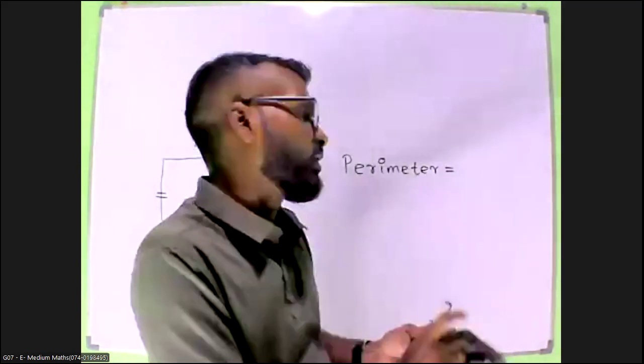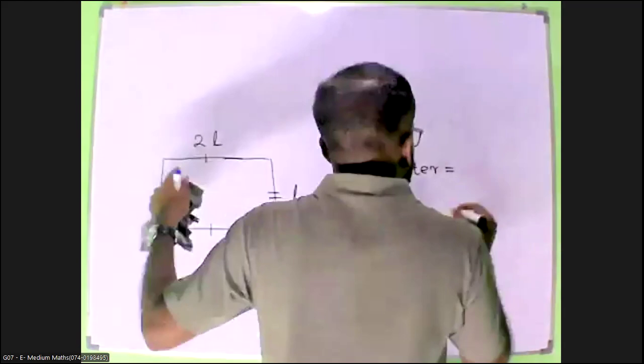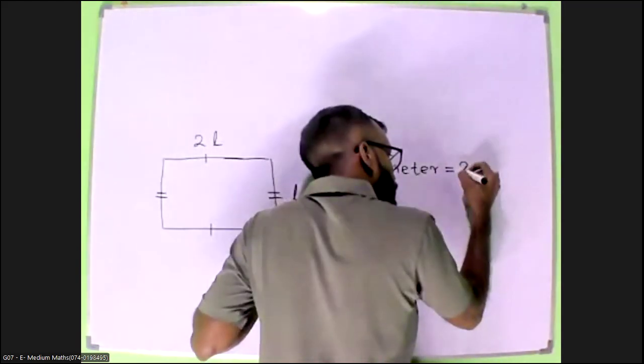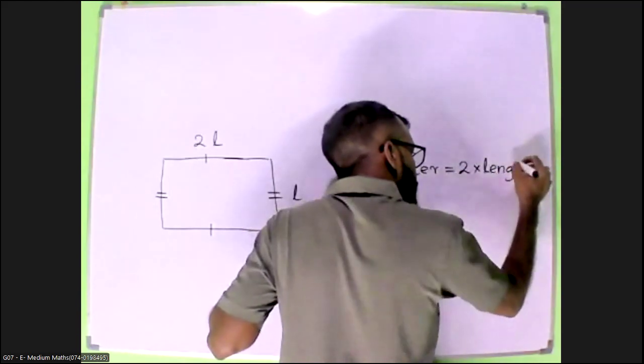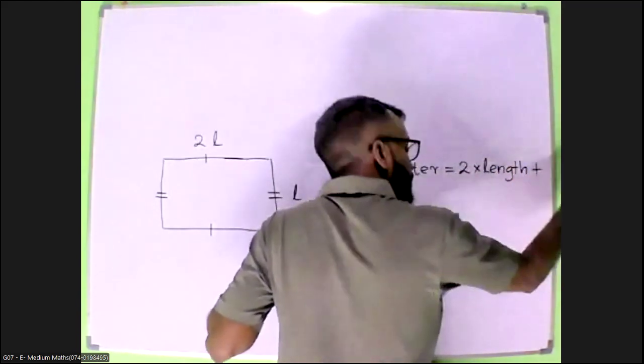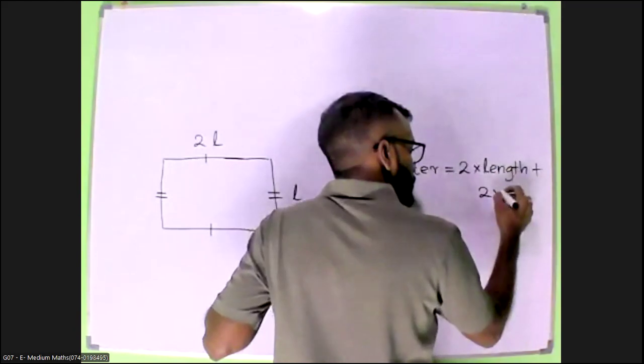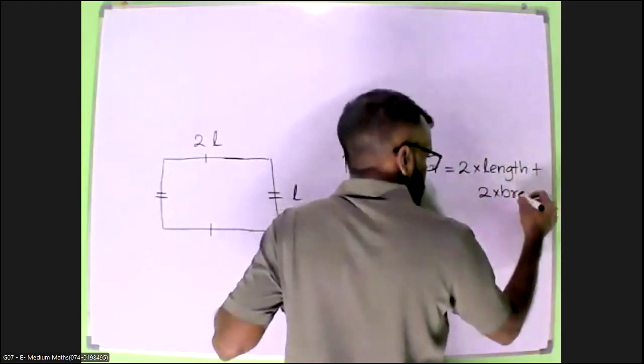So we are going to do that. 2 times length plus 2 times breadth.